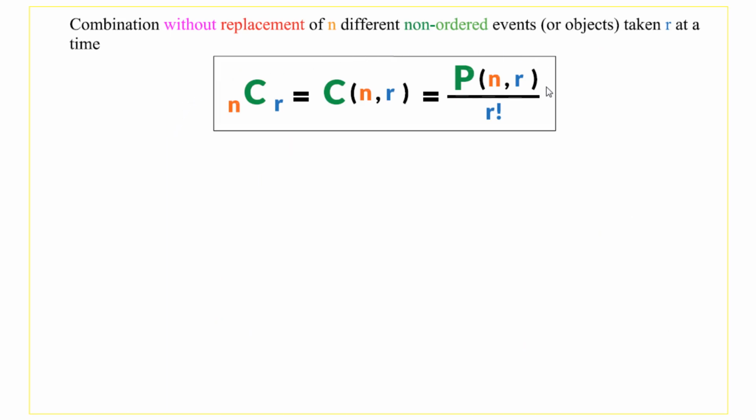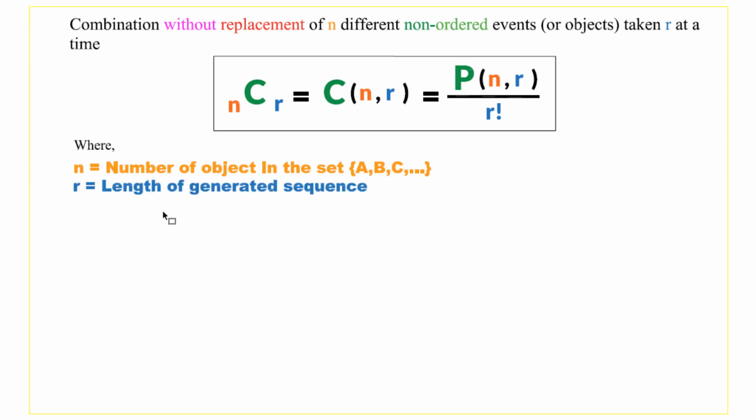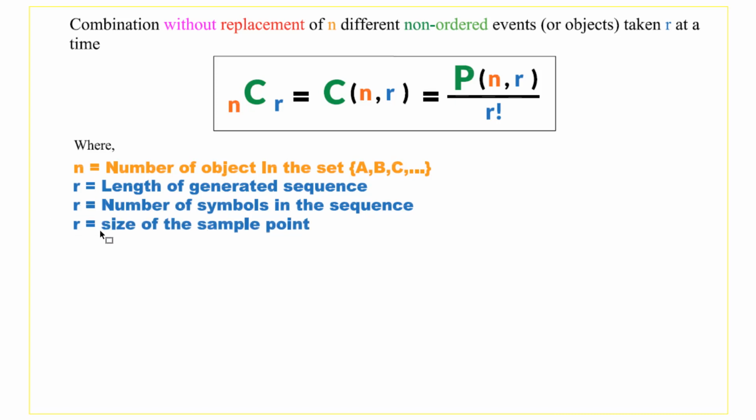So we write the final formula C(n,r), which means combination without replacement of n different non-ordered objects taken r at a time. So what is n? It's the number of objects in the set. These are the objects we are going to combine. And what is r? It is the length of the generated sequences or number of symbols in the sequences. So if the sequence contains 3 symbols, r is going to be equal to 3, or size of the sample point, and they all mean the same thing.